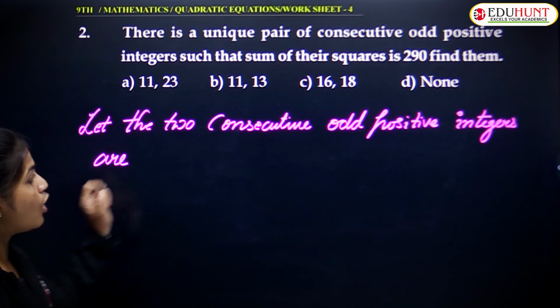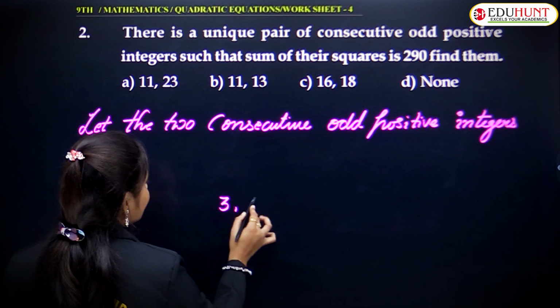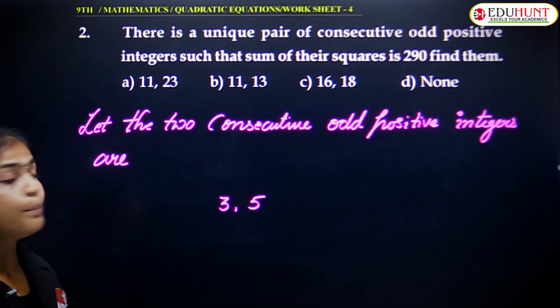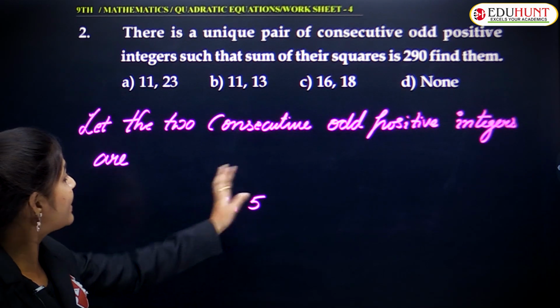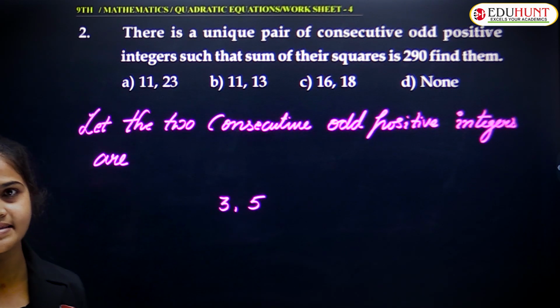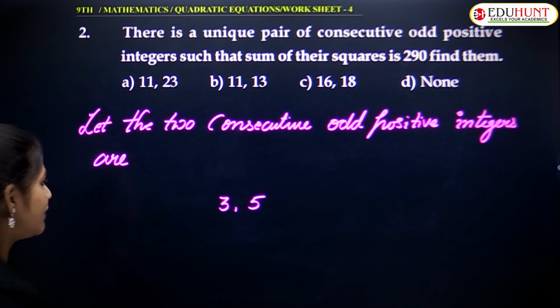So odd positive integers means here 3, 5. These two are positive integers, those two are odd integers, and those two are consecutive odd integers. Understand? So just like the previous one.